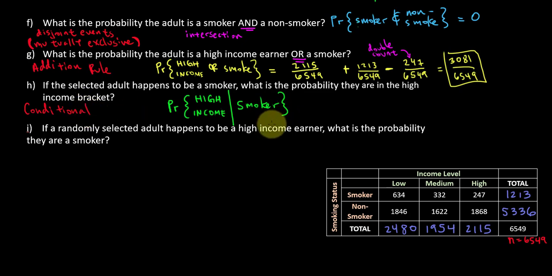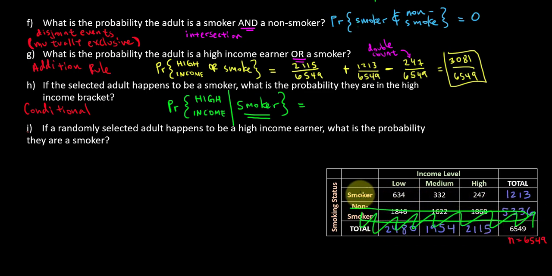Let's see how we determine that with this contingency table. Remember, with conditional probability, we are limiting our perspective to that only of smokers. Our sample space is limited only to this group. So I don't even want to look anywhere else. Don't look at you. I'm not looking at any of you.